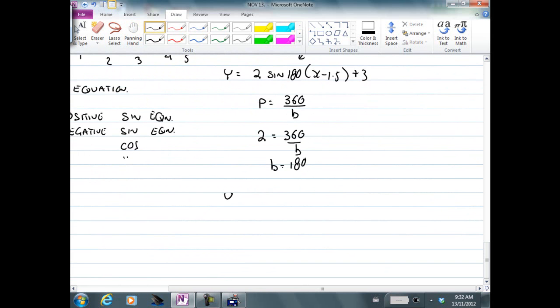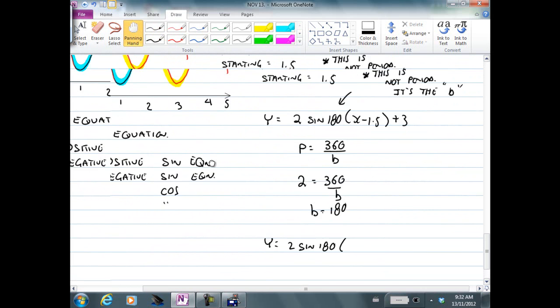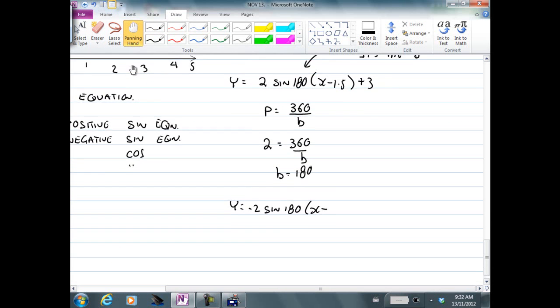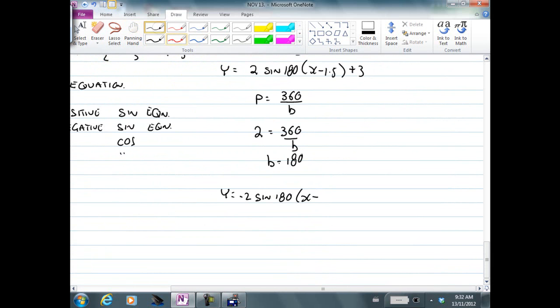I know everything stays the same. Y equals 2 sine 180, open bracket, now it's going to be negative x minus, what's that, 1.5 or 0.5? 0.5. X minus 0.5. See, everything stays the same.